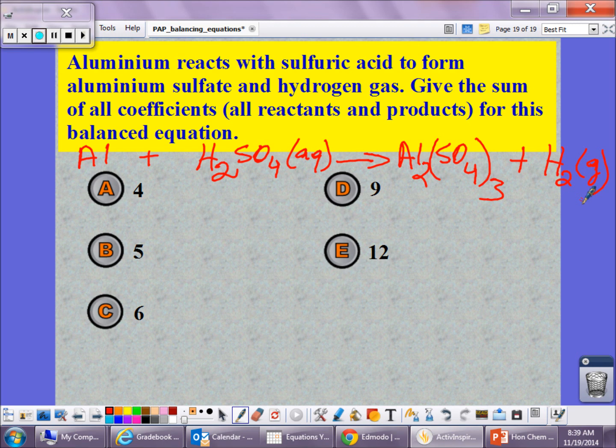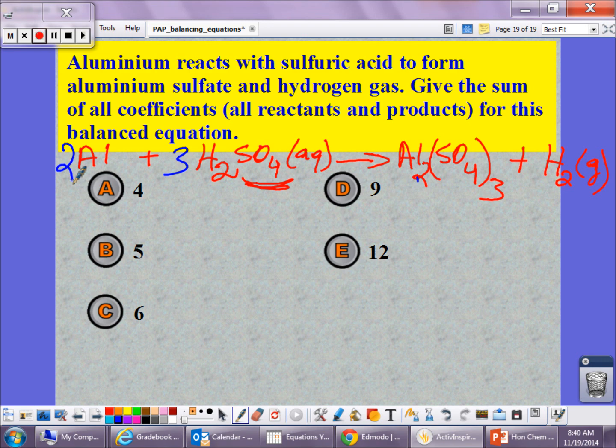They did not tell me any other state, so let's see what we can do. I see sulfate. There is 1 here, 3 sulfate there. I will put a 3 right here. Aluminum: I see 1 aluminum here and 2 aluminum right here. No choice but to put a 2 right here.